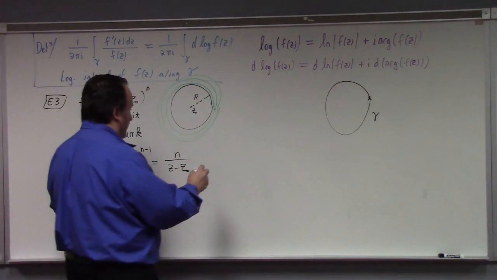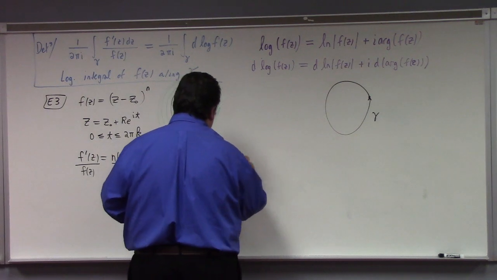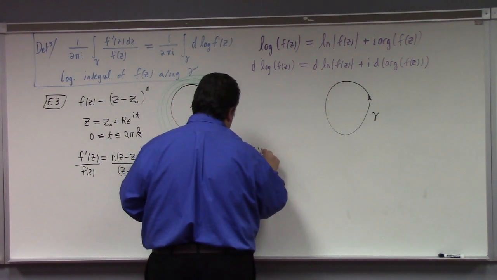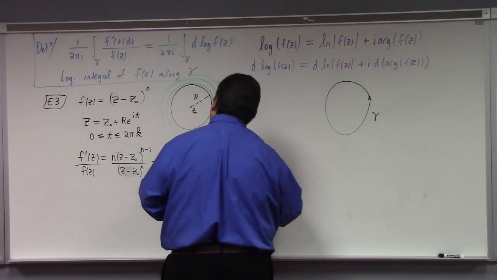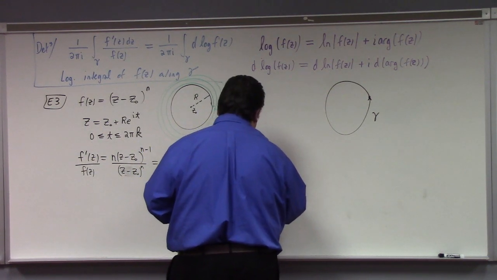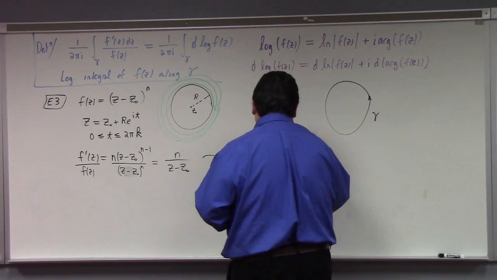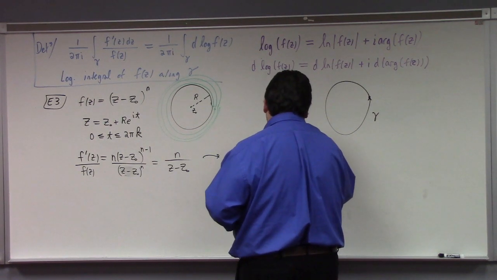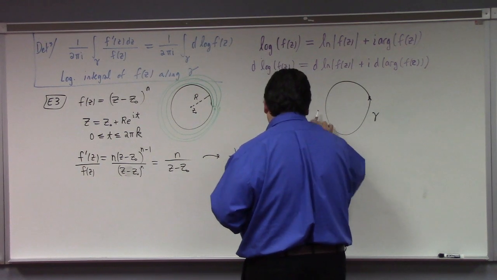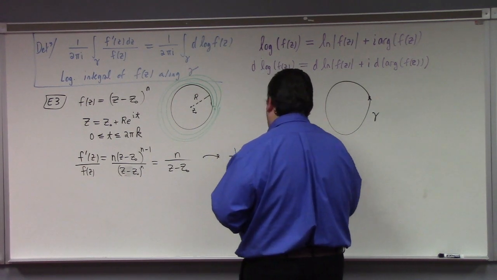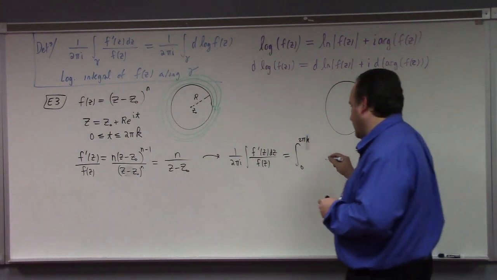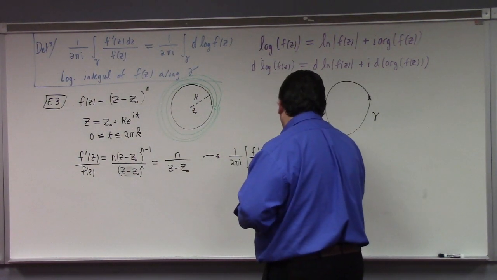And so if you calculate 1 over 2 pi i times the integral of f prime of z dz over f of z here, we're looking at the integral from 0 to 2 pi k. What is dz? Well, dz is i r.